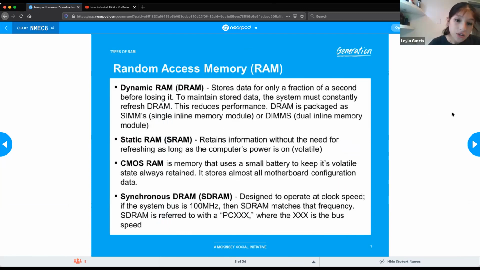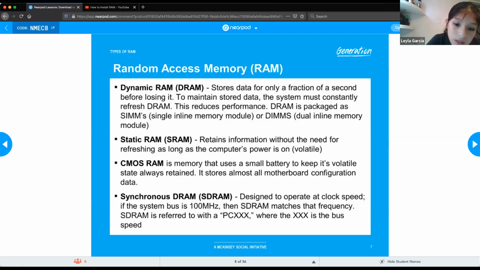Random access memory, dynamic RAM or DRAM, stores data for only a fraction of a second before losing it. To maintain stored data, the system must constantly refresh DRAM. This reduces performance. DRAM is packaged as SIMMs, single inline memory module, or DIMMs, dual inline memory module.